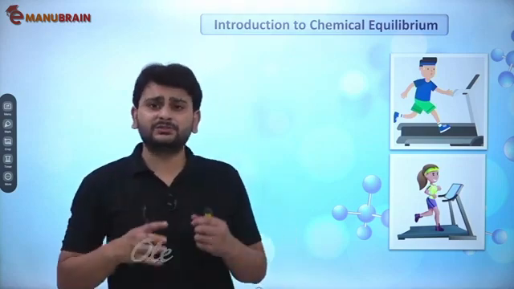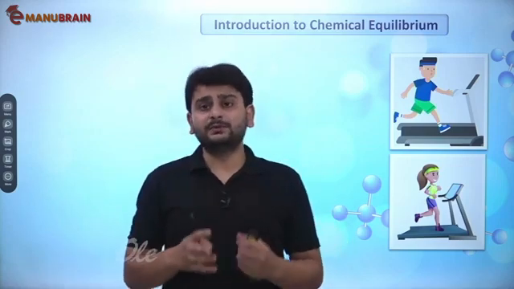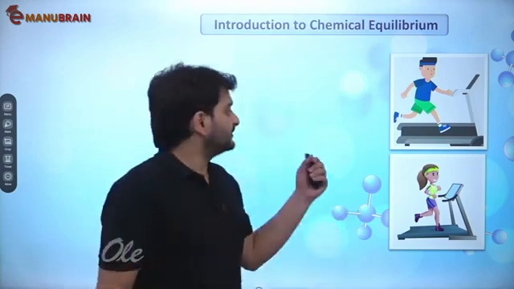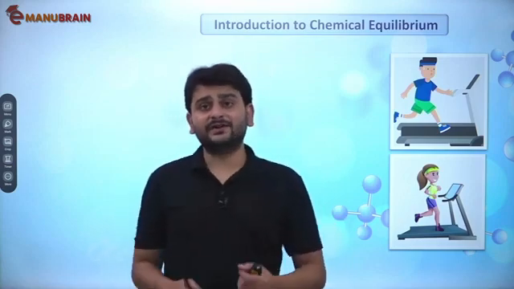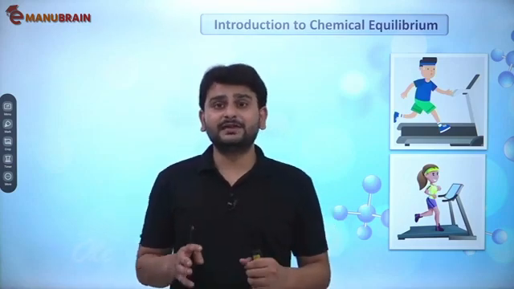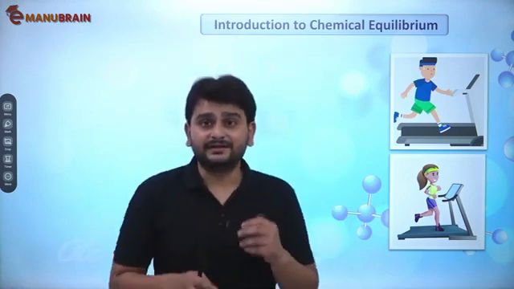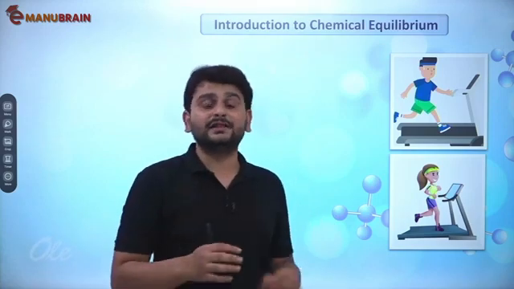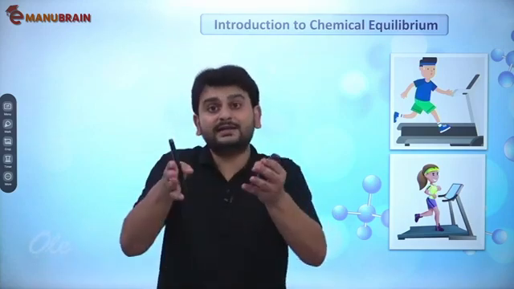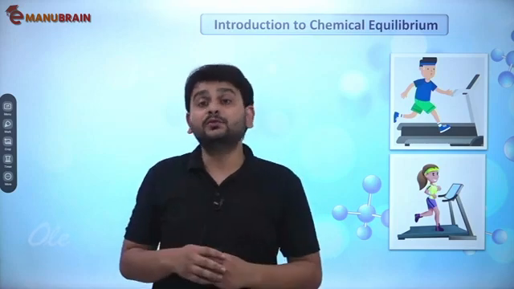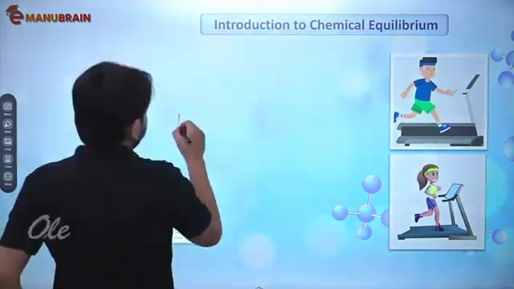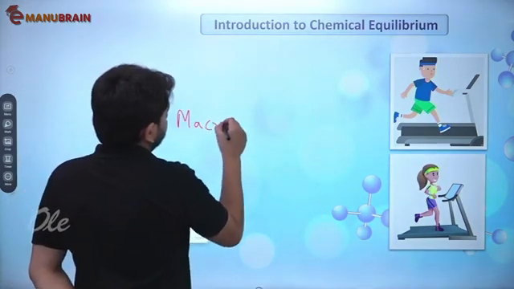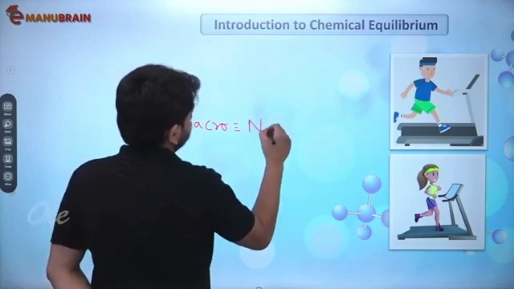Equilibrium in chemical reactions, or equilibrium anywhere, guys, is what? So for example, if someone is running on a treadmill, they are running, but what exactly is happening is that they are not moving forward, nor are they moving backward. So on a macro level, there is no change.